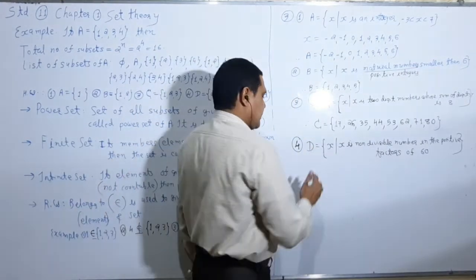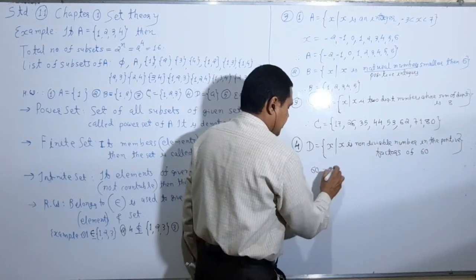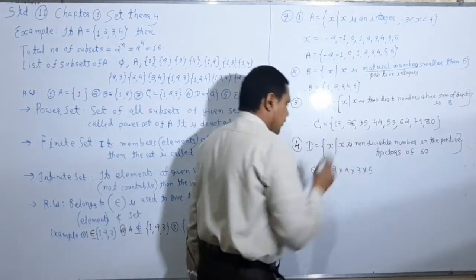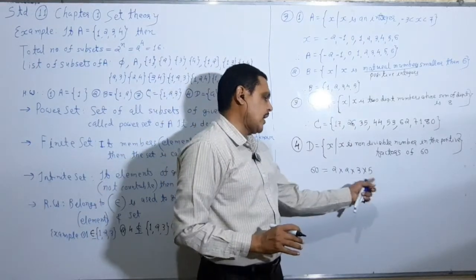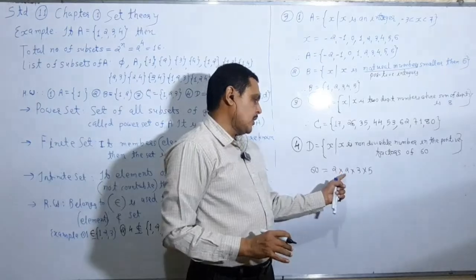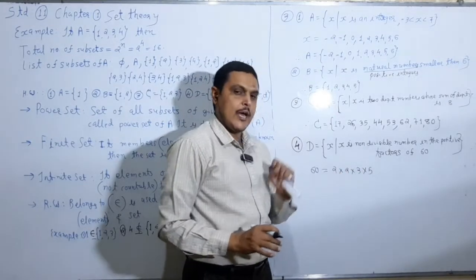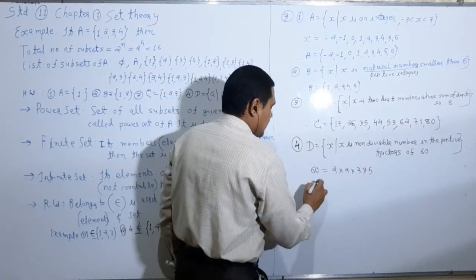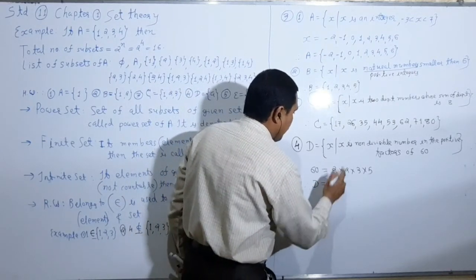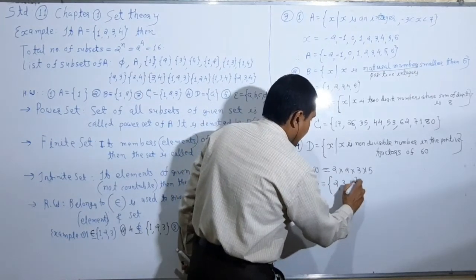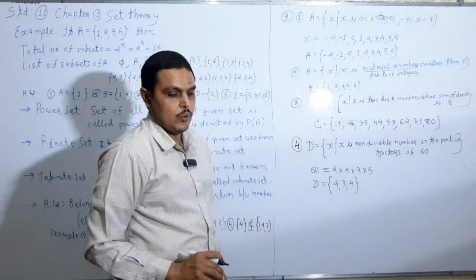Now the factors of 60 are 2 into 2 into 3 into 5. 2 twos are 4, 3 fours are 12, 5 twelves are 60. In these factors, 2, 3 and 5 are the non-divisible numbers. So the listing form of this property form is curly bracket 2, 3, 5.